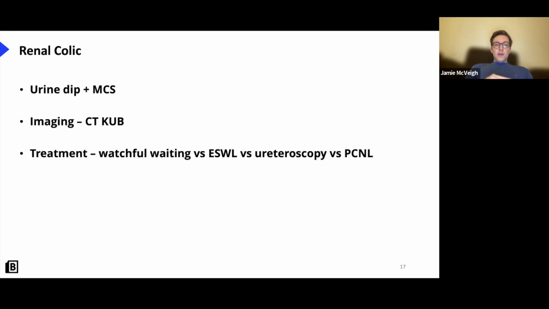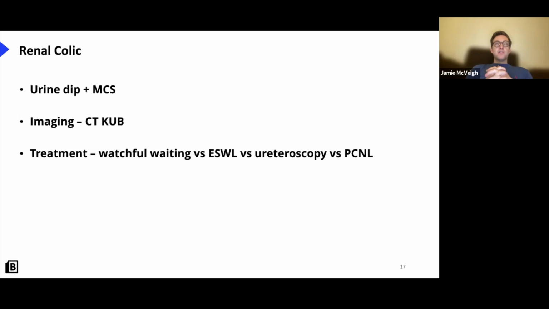So if they're small, you can just watch and wait and hope they pass it. And that's with supportive treatment. So that's mainly analgesia and some fluids. Just try and make sure they don't get dehydrated. Check there's no hydronephrosis. And the CTKUB will show that, but you could use an ultrasound as well.